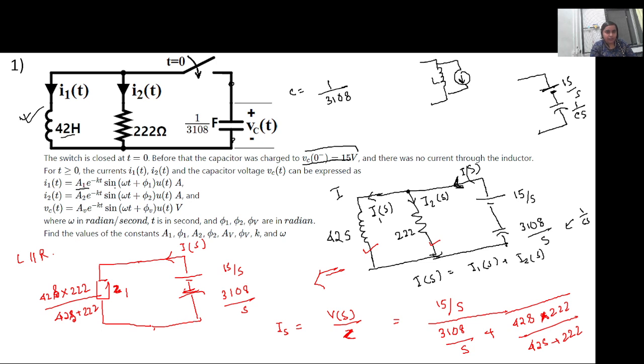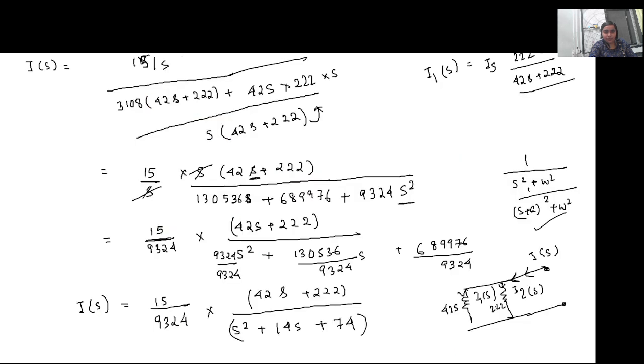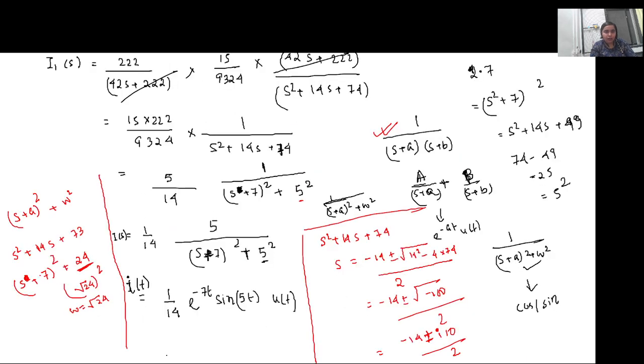So you have to find the coefficient, the value of k, omega, and this phi 1. So whatever equation we got, from here we can say a1 will be equal to 1 by 14, which is 0.0714.